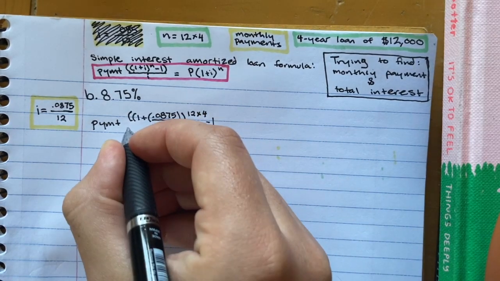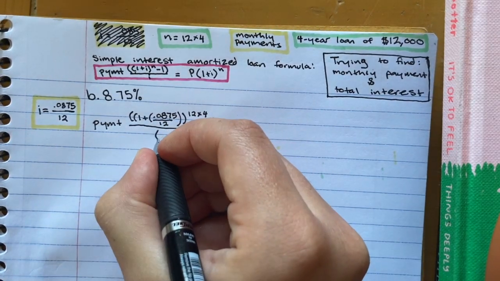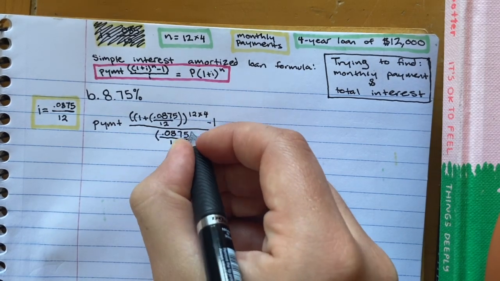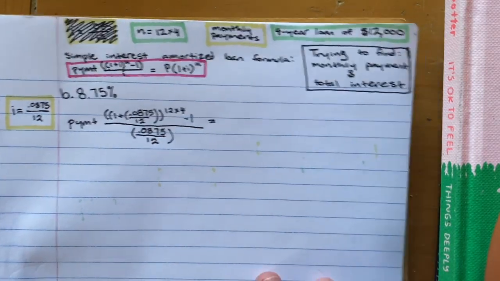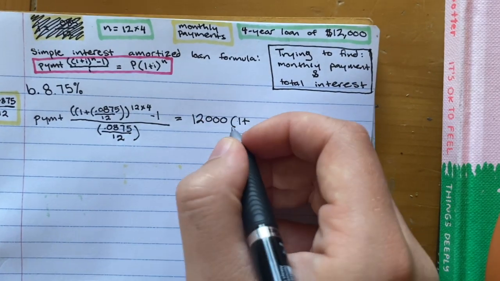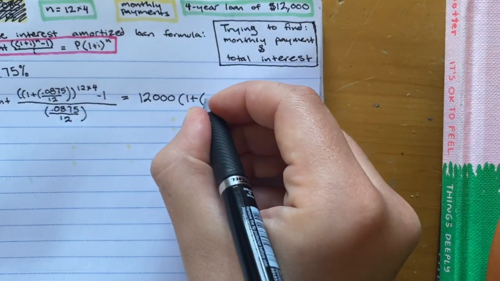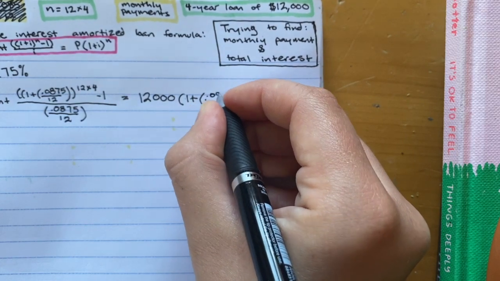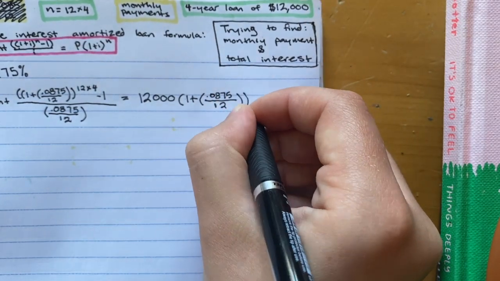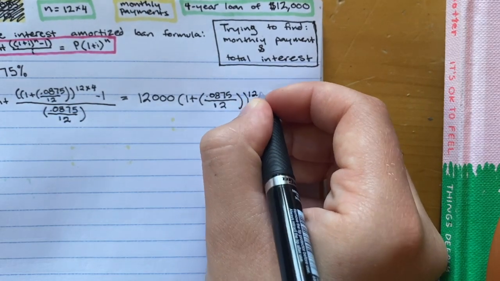And minus 1, and that's all going over our new I. Equals P, the principal, which is still $12,000, times 1 plus our new I, to the n.